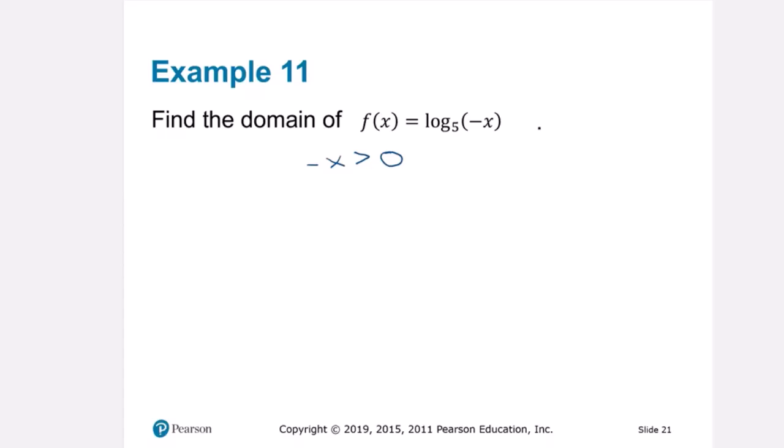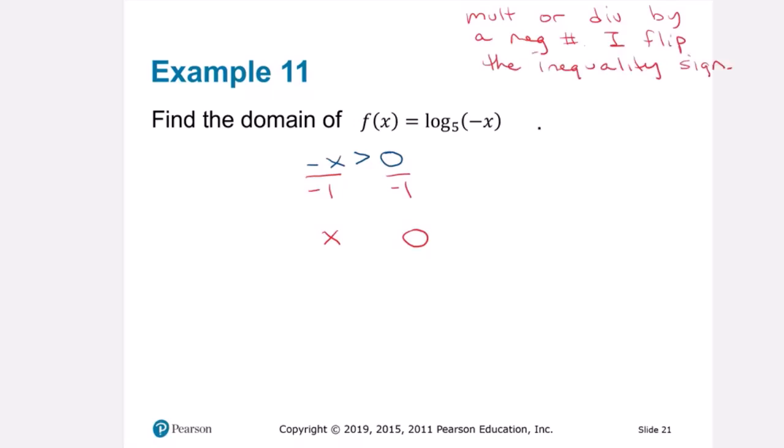Well, remember, we can either multiply or divide by negative 1, which means this becomes x, and this is still 0. But remember, when I multiply or divide by a negative number, I flip the inequality sign. I divided by a negative 1, which means I flip the inequality sign.